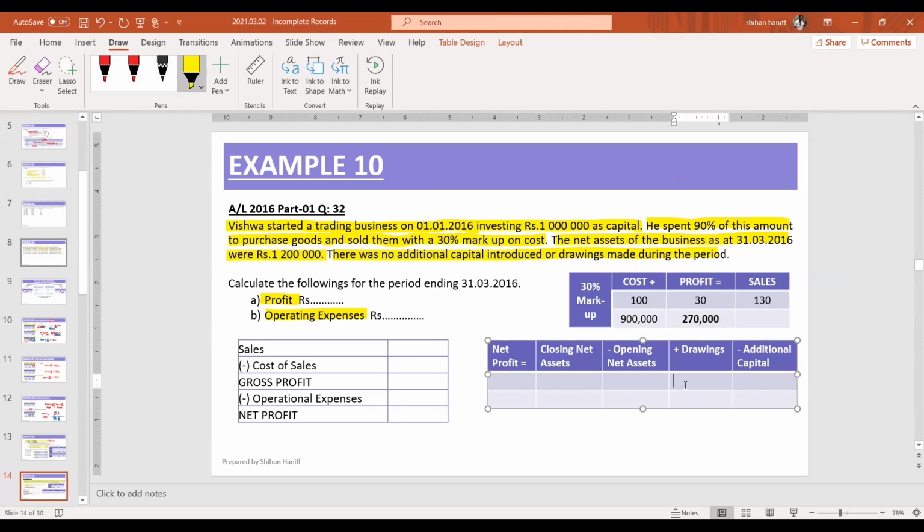Right? Now they are asking the operating expenses. Operating expenses means after the gross profit, if you deduct the expense, you get the net profit. So since they have given net asset details, we can find out the net profit. Net profit means closing net asset minus opening net asset plus drawings minus additional capital. So closing net asset was given 1.2 million.